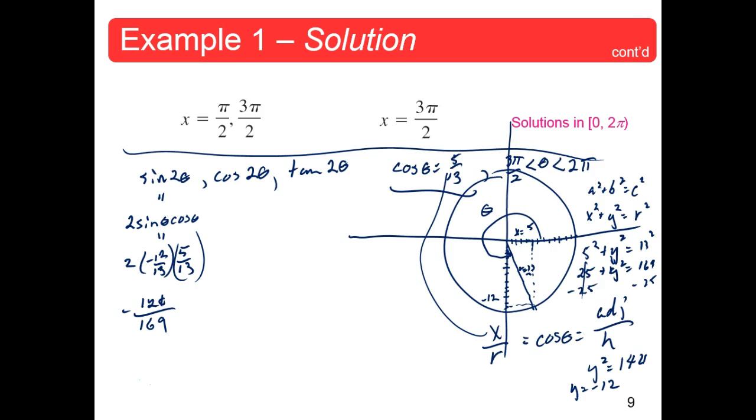You could use any one of them, but frankly, here's my little gut feeling on it. One of them was cosine squared minus sine squared, right? Well, you got cosine, we calculated what sine was. But what if we made a mistake with sine? I don't want to use that.